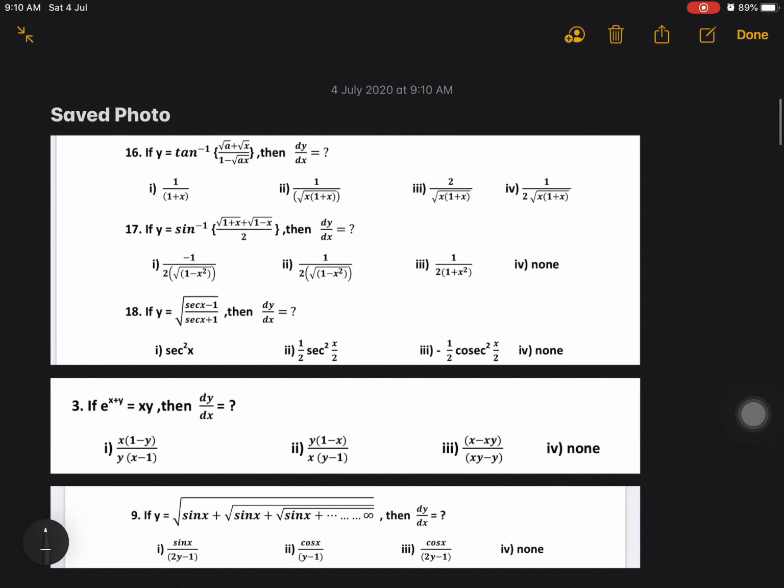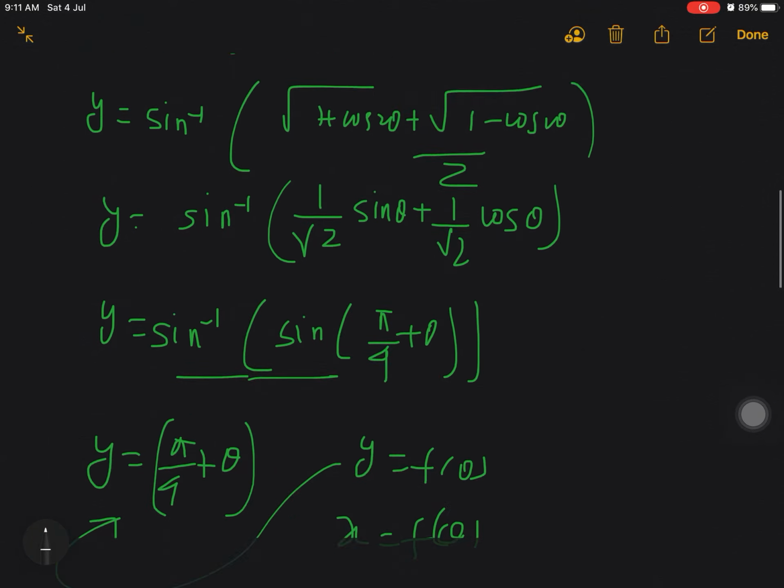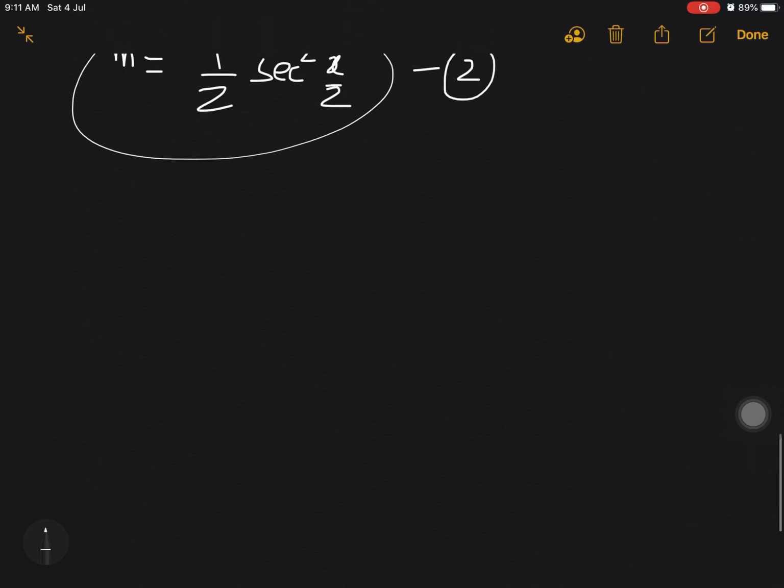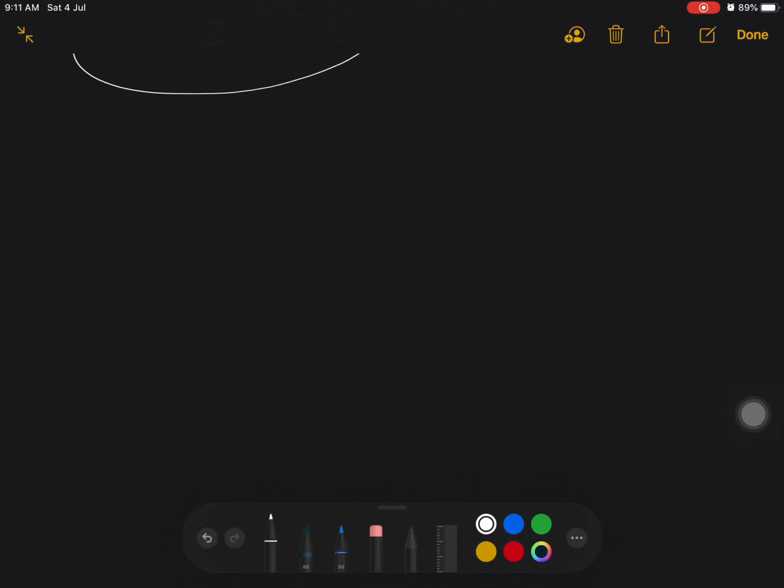So in order to solve question number 3, I will rate this problem to be quite a good question. We can manage to solve this question by substitution. If we put x and y to be sin square theta or cos square theta, we can manage to solve this equation. But it is better, instead of using substitution, since it is an implicit function, to manage this question by taking log.